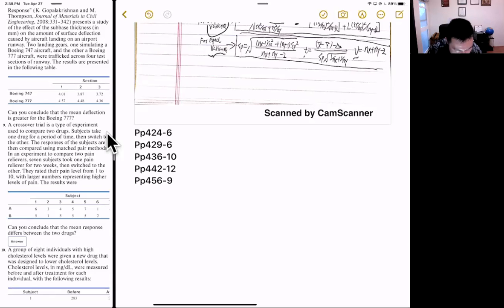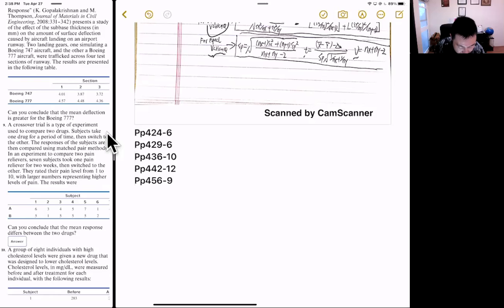A crossover trial is a type of experiment used to compare two drugs. Subjects take one drug for a period of time, then switch to another drug. Responses of the subject are then compared using the matched pair method. In one experiment, we compare two pain relievers.